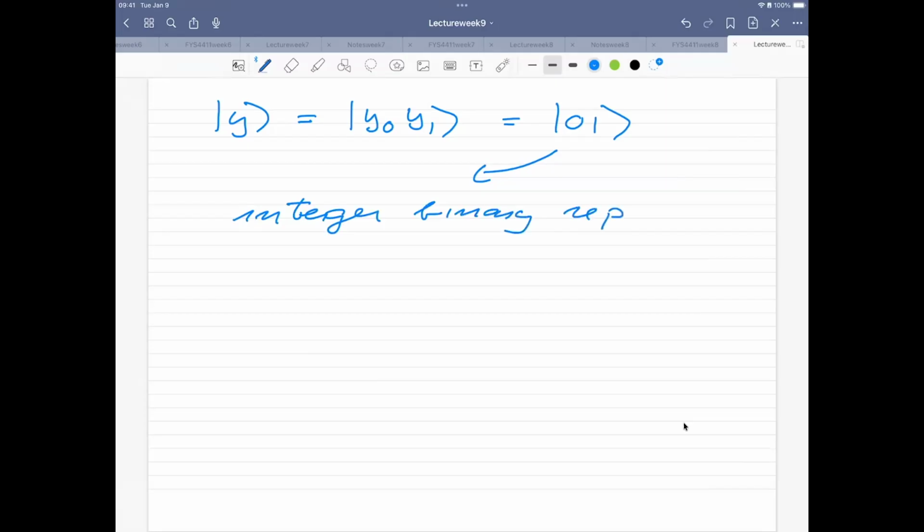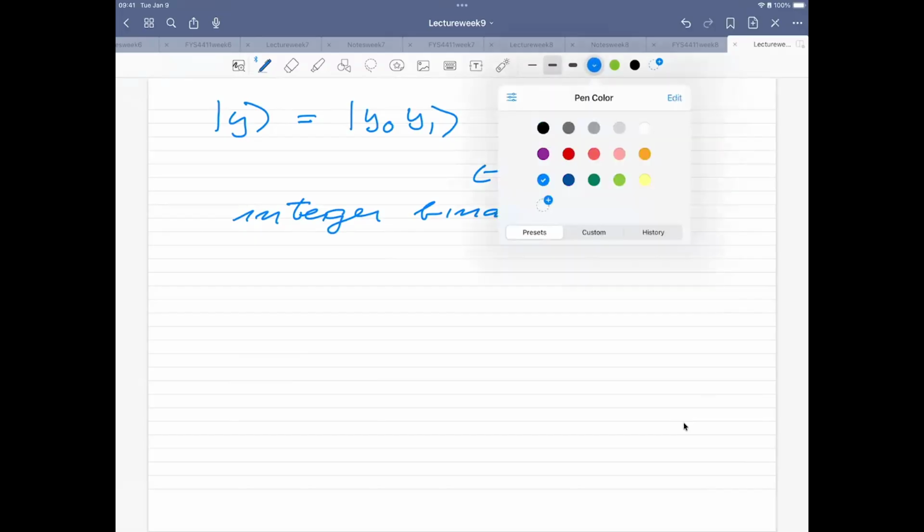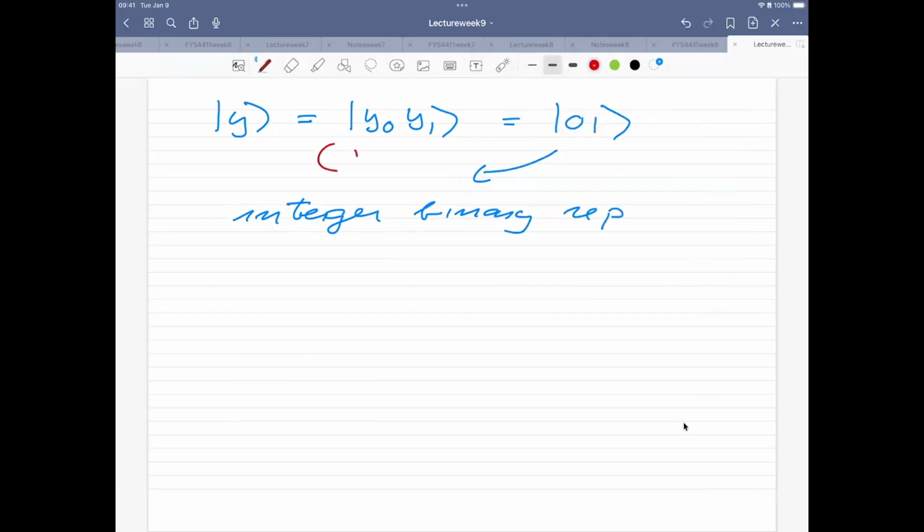Now, many of you have seen the end product, where I'm actually using a binary float representation. That's the final answer, which we are going to derive. However, I want to go through this in a more pedagogical stepping, in the sense that I start with an integer binary. Now, keep in mind that you could also have the other order. So I could start with this one and y0. We are coming back to that.